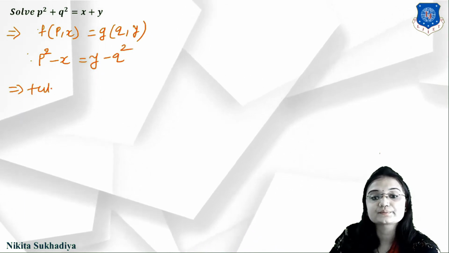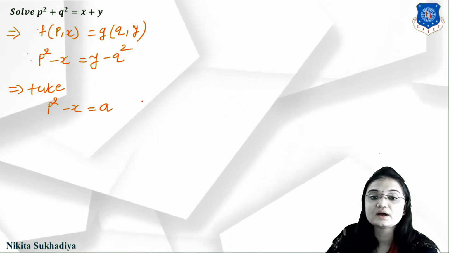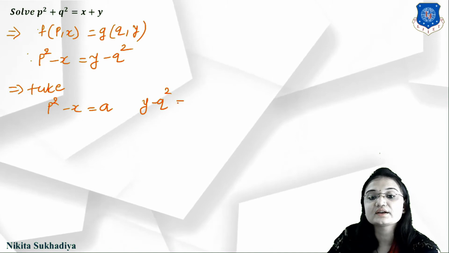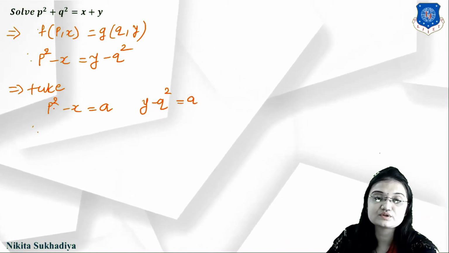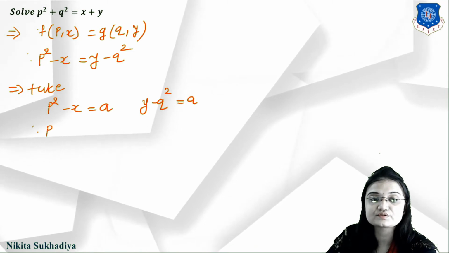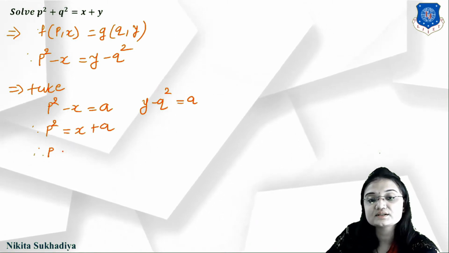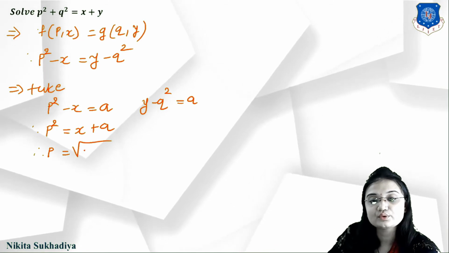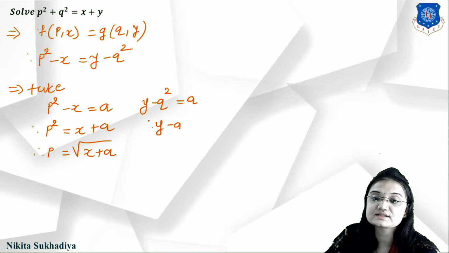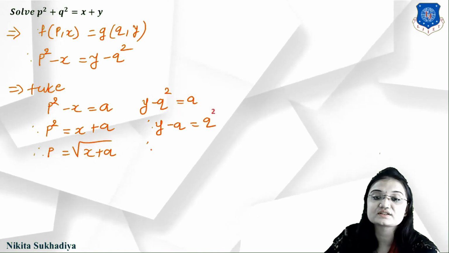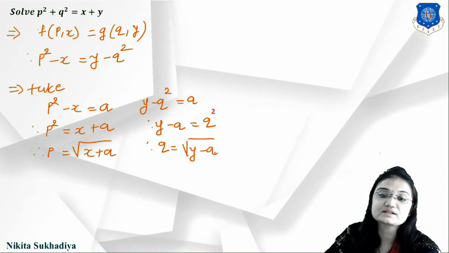Now take p² minus x is equal to a and y minus q² is equal to a. So p² is equal to x plus a, so p is equal to the square root of x plus a, and here we have y minus a is equal to q². So q is equal to the square root of y minus a.